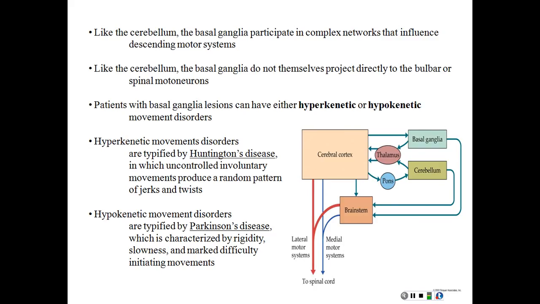They have trouble getting up out of a chair and getting going. They have trouble getting their buttons done up, right? They have this inability to get going. So you're slowing things down, right? So we've got too much movement, too little movement. And it turns out too much movement is a good example is Huntington's disease, and too little movement, a hypokinetic disorder associated with basal ganglia, is Parkinson's disease.